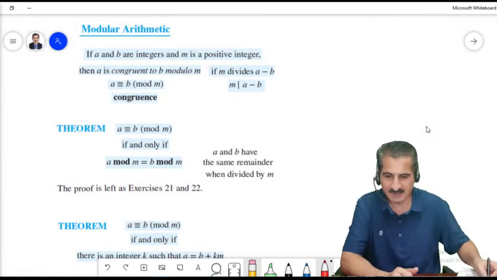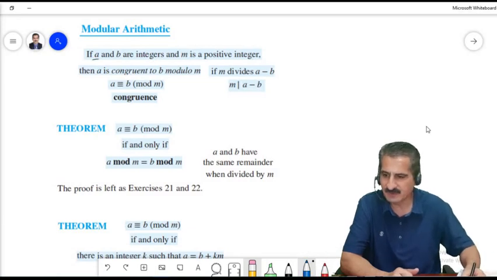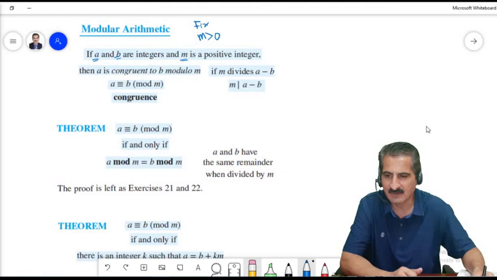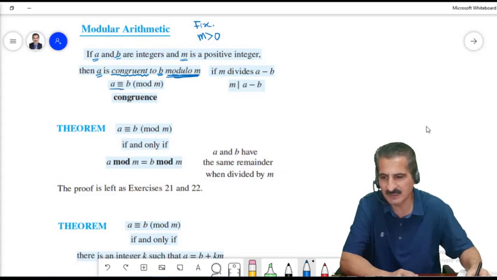We take two integers, A and B, and assume we fix an M. Fix M. Now, two integers A and B will be called congruent modulo M. We write it this way: A, three lines, B, and the modulo is between parentheses.